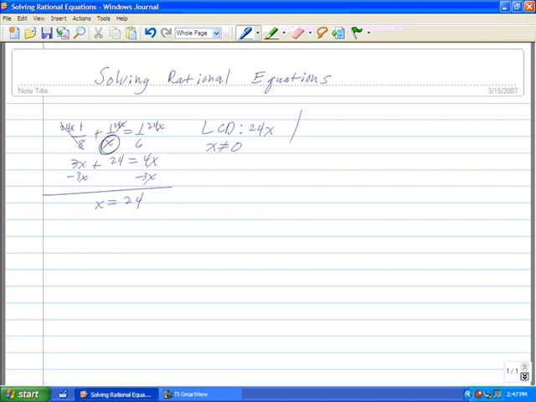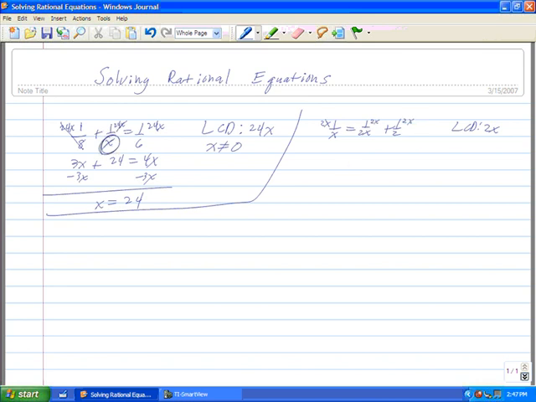So always be checking your answers to make sure you're not ending up with an extraneous solution in this type of problem. Alright, now for our next problem, we're going to look at 1 over x equaling 1 over 2x plus 1/2. Again, for an LCD, this time it's 2x. Now, we're multiplying by 2x 1, 2, and 3 times.